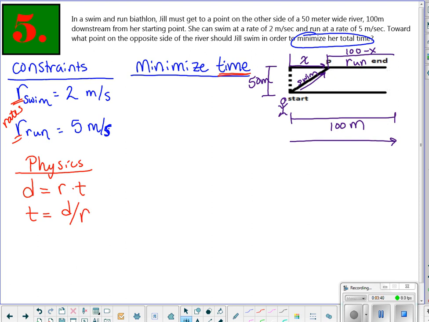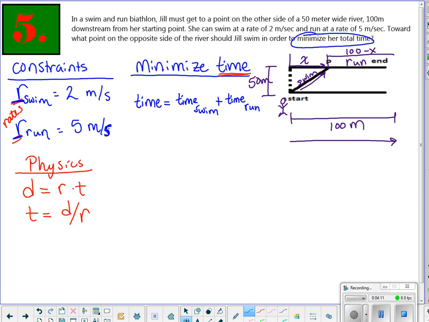So what I want to do then is get this time to be minimized, but time is going to equal the time spent swimming, so time sub swim, plus the time spent running, so time sub run. I'd love to get an equation that represents that. Well, we know the rates of each.